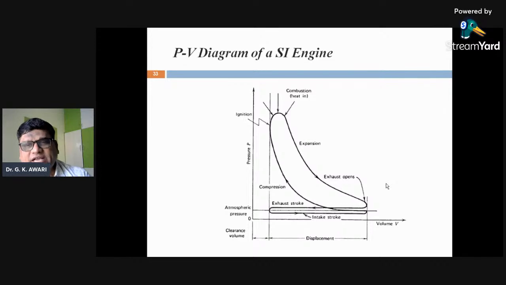And the closing thoughts with the Otto cycle and the PV diagram of the SI engine we studied. We know that in the reciprocating engine the clearance volume is left, so the PV diagram starts from this point, and this is the clearance volume and this is the displacement of the piston.